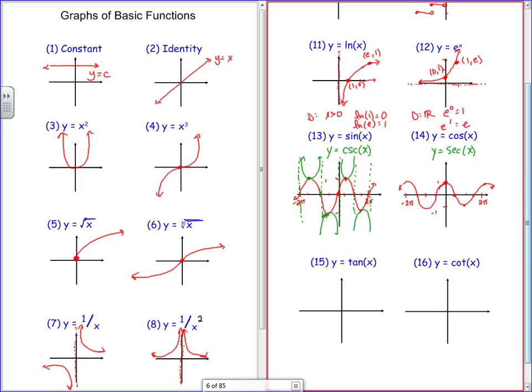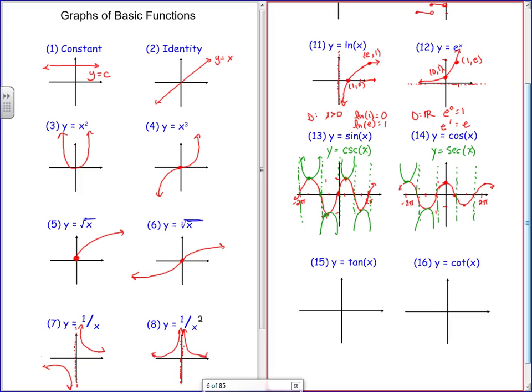Secant is the exact same thing, the exact same process, just off of cosine. So all the intercepts become vertical asymptotes. And then we match the minimums and maximums. Oh, that one's not good. You cannot cross a vertical asymptote.